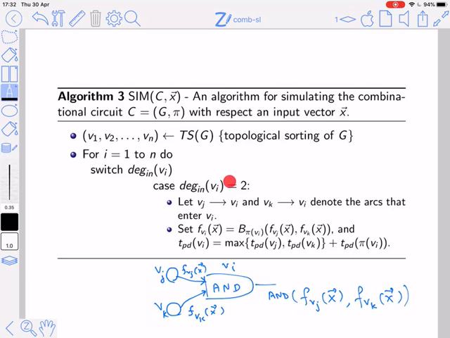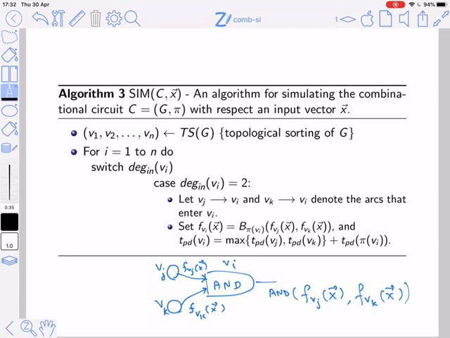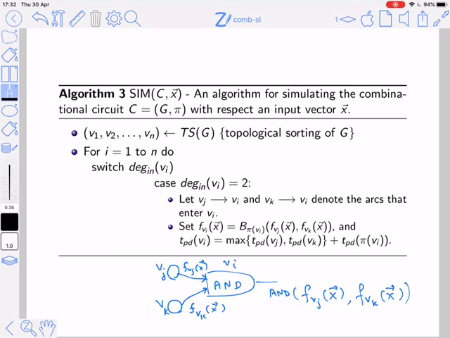The third case is when Vi has an in-degree of 2. Let's assume that the gate residing in Vi is an AND gate, and then we have two vertices which are feeding the inputs of the AND gate. We denote them by Vj and Vk. Because of the topological ordering, we know that j is less than i and k is less than i. So therefore we have already scanned Vj and Vk.